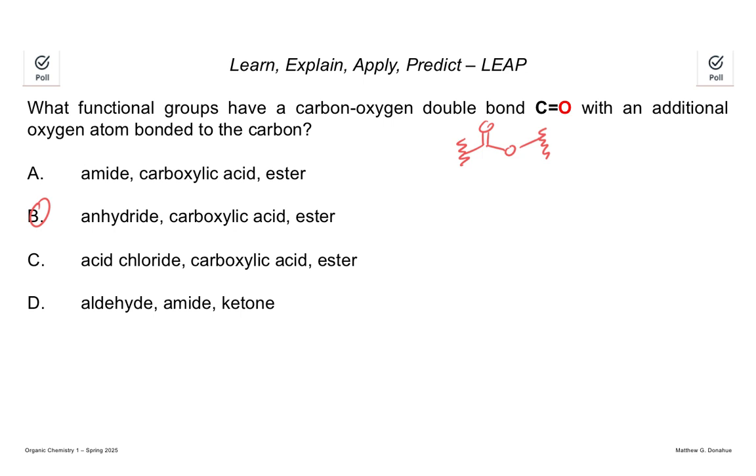An anhydride, that's the one that has two carbonyl groups. Carboxylic acid, that other oxygen is bonded to hydrogen, and then ester, the oxygen is bonded to another carbon.